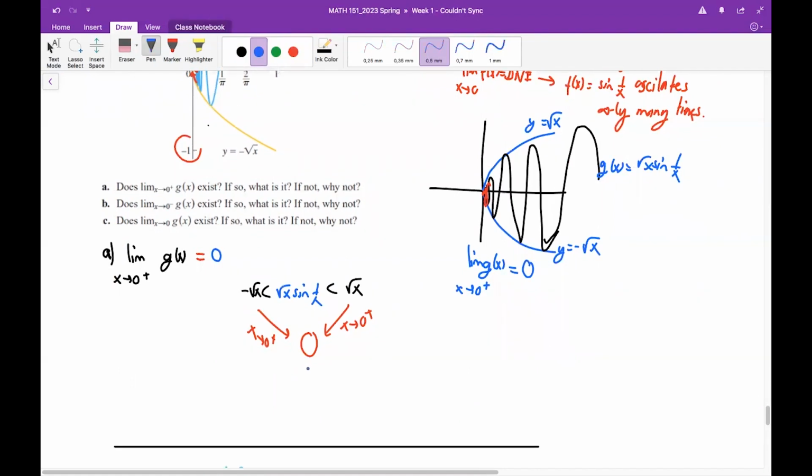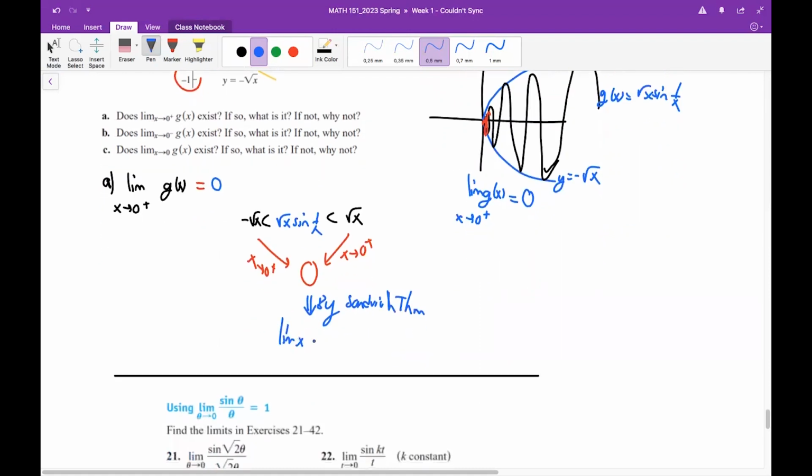Then by the sandwich theorem, the middle function, which is this one, has to have the same limit, 0. So you can obtain the same result also by using the sandwich theorem.